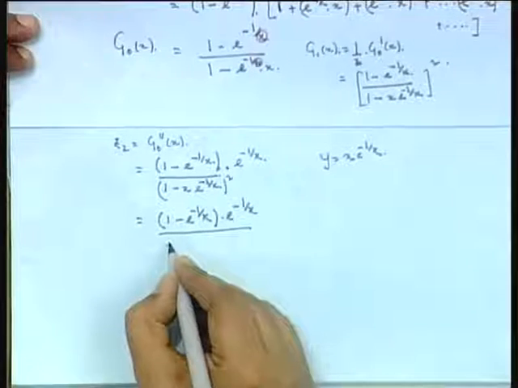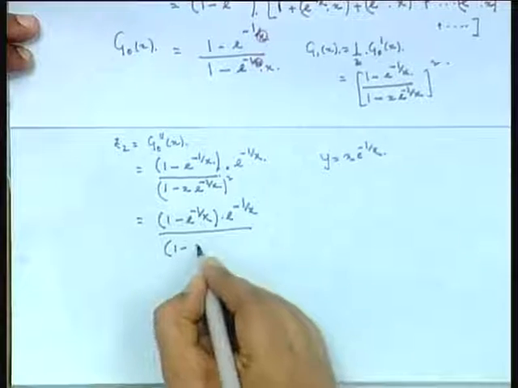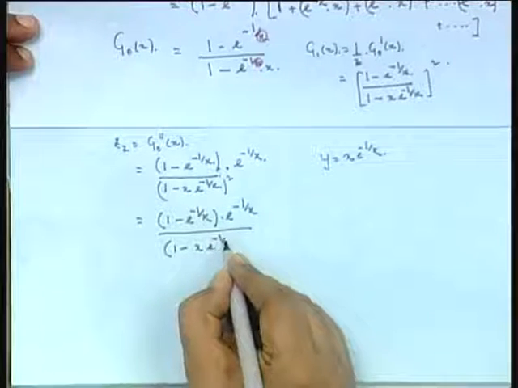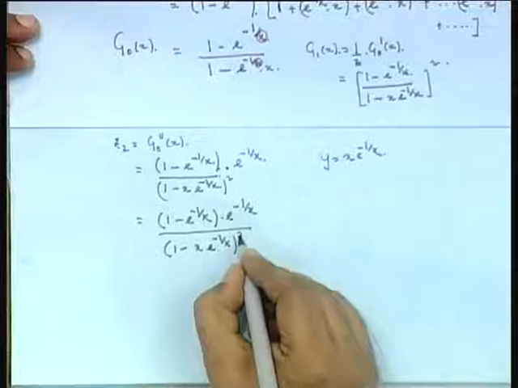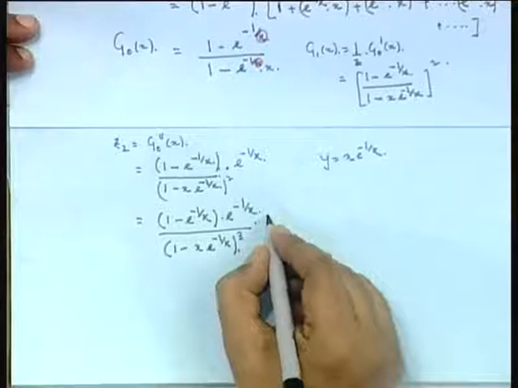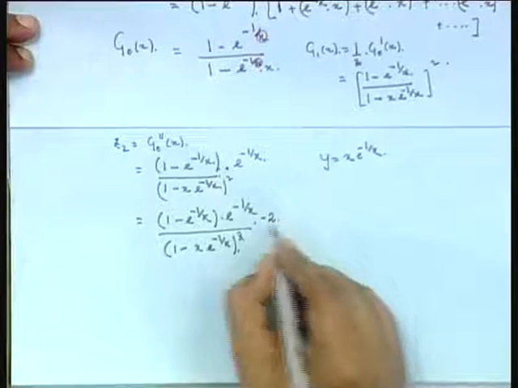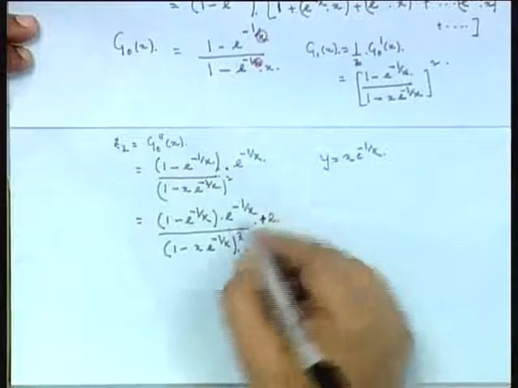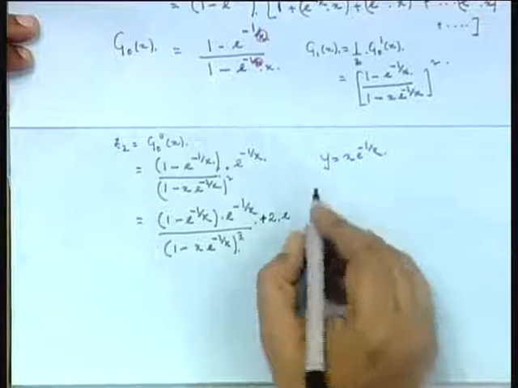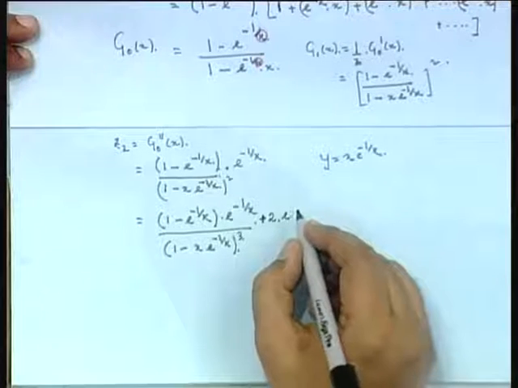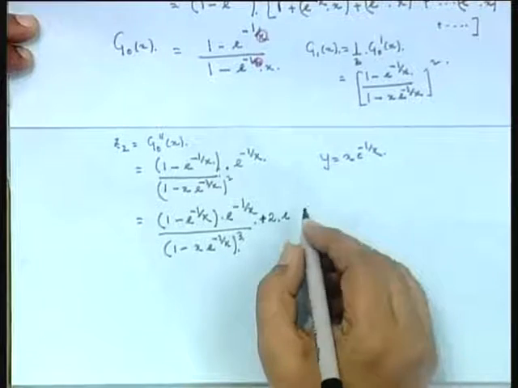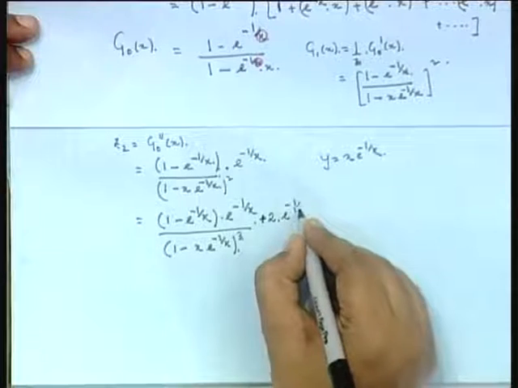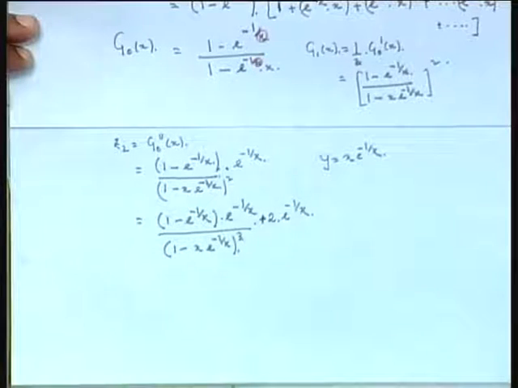difference. So, this again becomes 1 minus x e to the power 1 minus kappa cube, and here what comes? Minus 2, no, plus 2. It becomes plus the same way, it becomes plus 2. Okay.